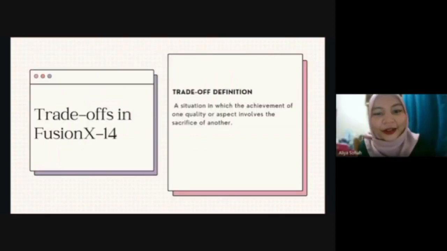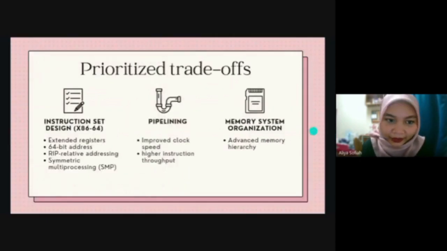Okay, next, we will talk about trade-offs in Fusion X14. A trade-off is a situation in which the achievement of one quality or aspect involves the sacrifice of another. So, in this case, we have prioritized some trade-offs. In terms of instruction set design, we use x86-64 architecture, and we added extended registers.